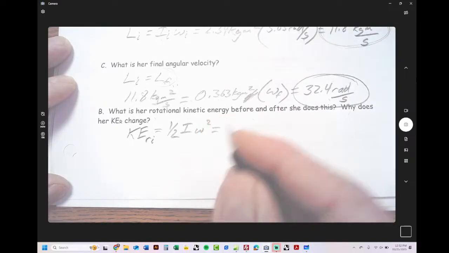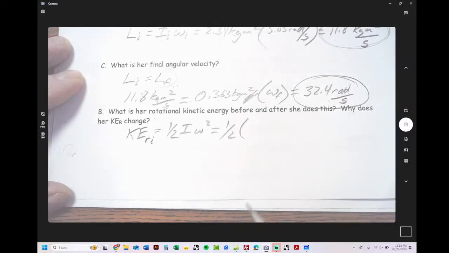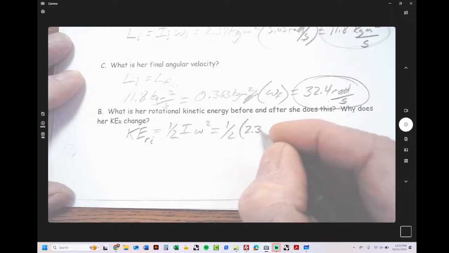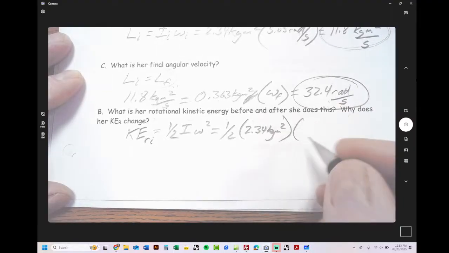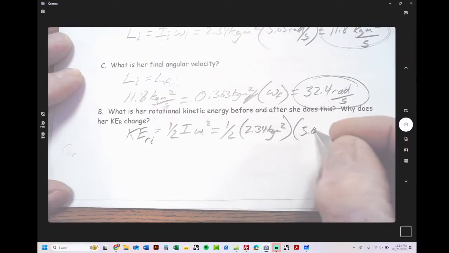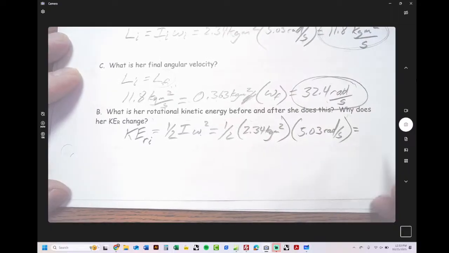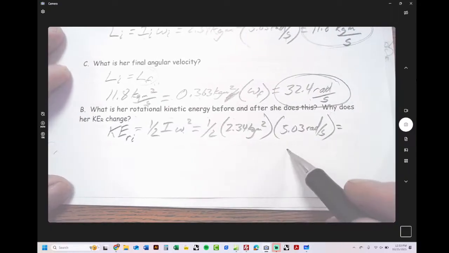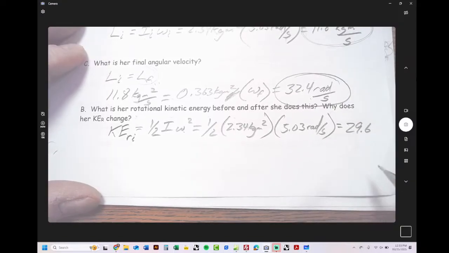So I just need to do 1/2 times whatever her original moment of inertia was, which is 2.34 kilograms meters squared, times her original angular speed, which is 5.03 radians per second, and the number is 29.6. What would the units be?